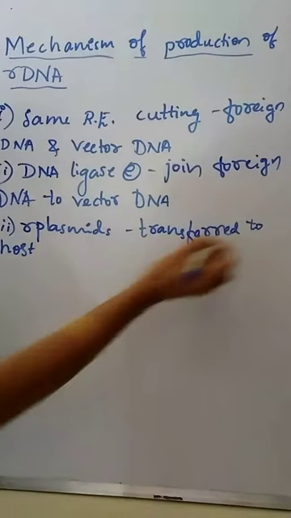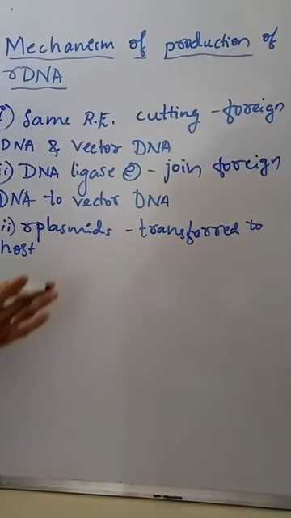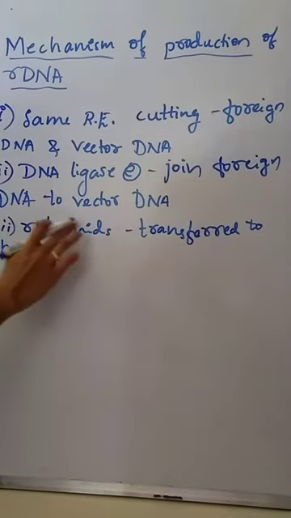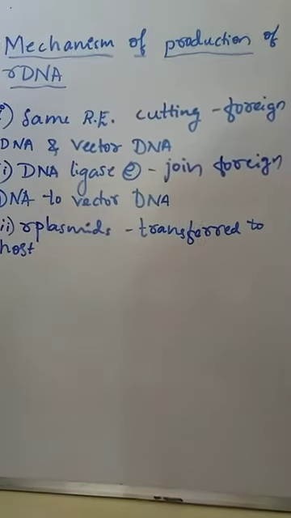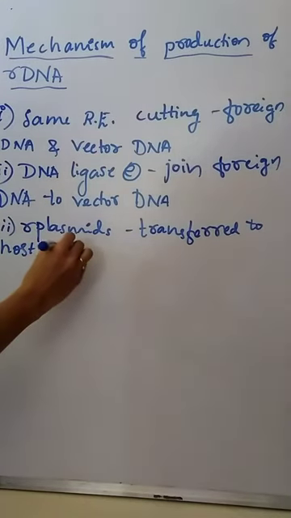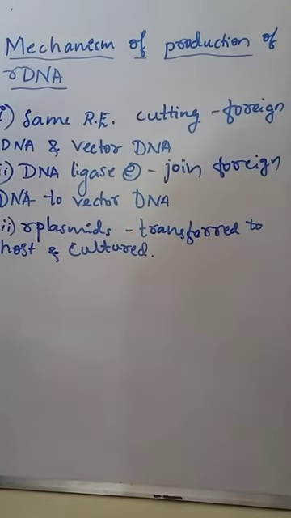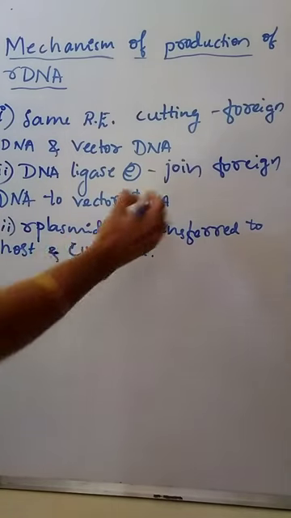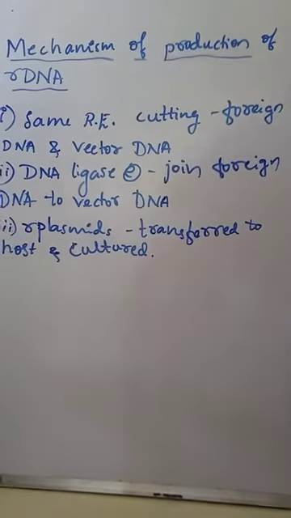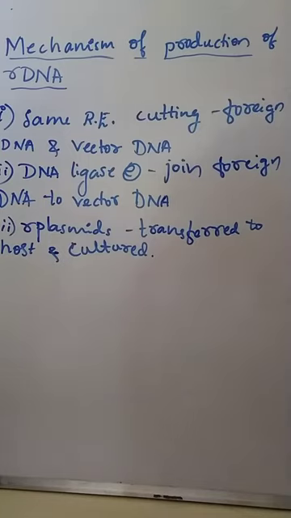It may be E. coli or any bacterial cell or any microbial cell. Then it is cultured. Cultured means growing the host cell in a suitable culture medium, and for that we need to maintain a sterile environment, meaning there should not be any contamination.